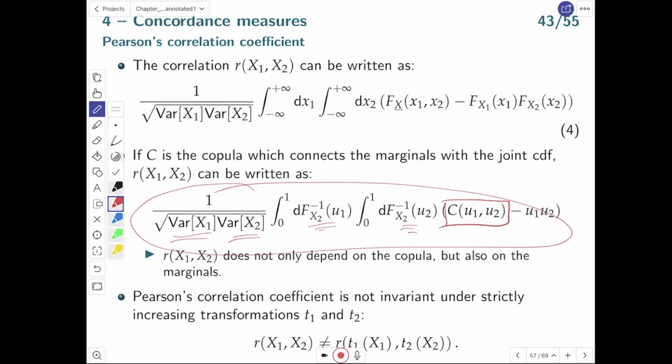But we know Sklar's Theorem, if I change the marginals, if I keep the copula the same, I'm not changing the dependence structure. Right? So this is a problem with the correlation. I can change the marginals, keep the dependence structure the same, I will get a different correlation.